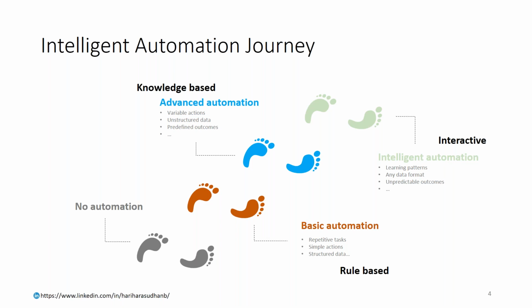In this case, it will not be classified as RPA because we are bringing in a little bit complex technologies inside to handle this requirement. And going beyond that is the phase where we need some interactions when we automate the processes. That is classified as cognitive automation or intelligent automation, where a lot of tasks involve understanding something from the data that exists so that the process can be automated.